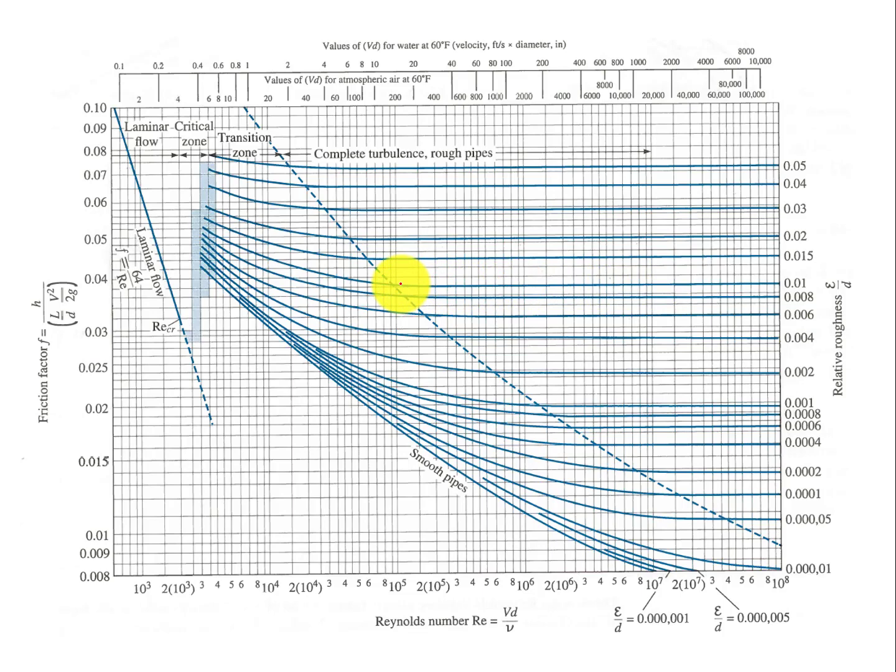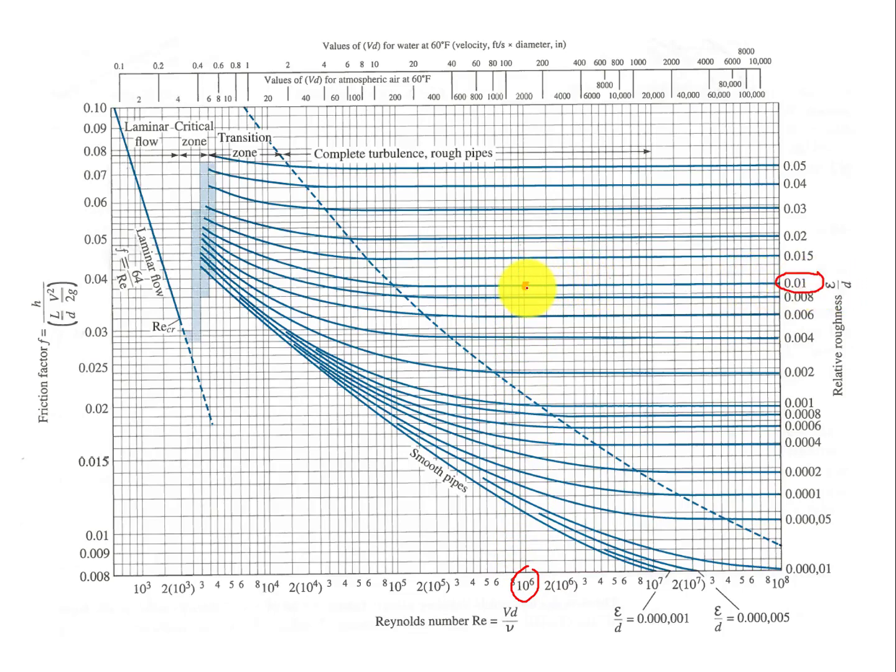So if we were looking up friction factors graphically, we would figure out what our Reynolds number is, and we would figure out which one of these lines we were on. So if we had a Reynolds number of, let's say, 1 million and a relative roughness of 0.01, there's 0.01. Here is 1 million, 10 to the 6. So we go up this line until we hit our relevant line of constant epsilon over d.